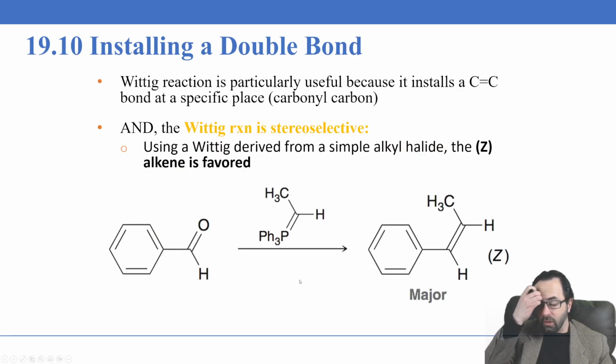Now, the Wittig reaction is useful because it gives us a carbon-carbon double bond, and we know from Chapter 8 in Chem 212 all of the addition reactions that carbon-carbon double bonds can undergo. So this makes it very synthetically useful. It's important to note that the Wittig reaction will give you the Z stereoisomer in the case where you have a Wittig reagent without any electron withdrawing groups.